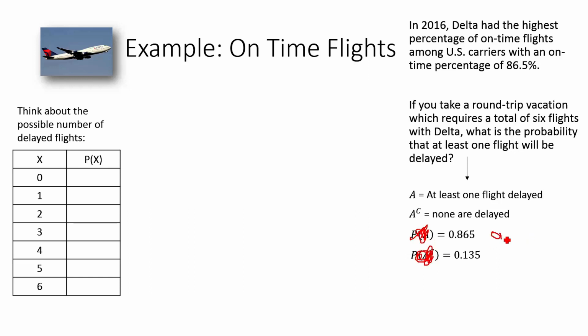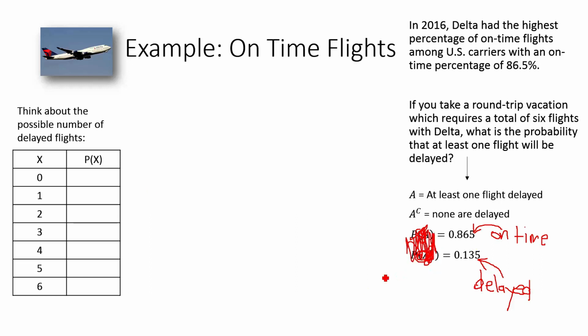This is just, sorry, my handwriting is going to be terrible, this is just the on-time probability. It's terrible, but you get it. And this must be the delayed probability. I really need to get myself a little stylus here. But anyways, 86.5% are on time, so 13.5% are delayed. That's important because we're going to need those probabilities here in just a second.